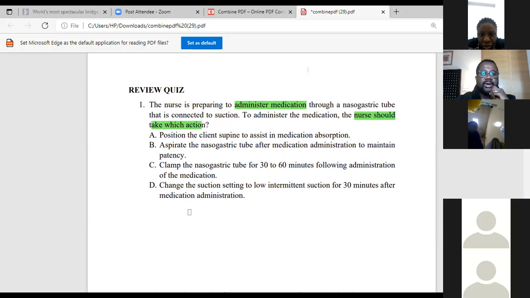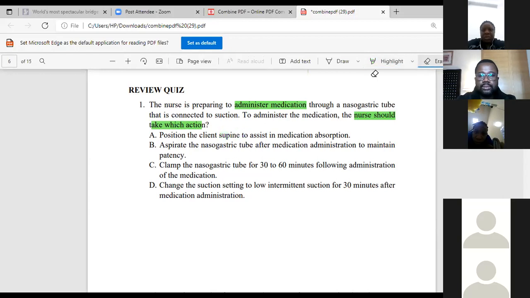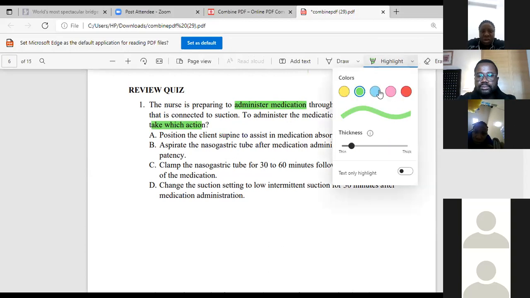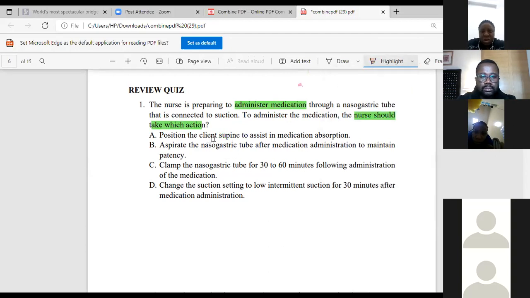Okay. Now, A says, position the client supine to assist in medication absorption. Supine. B, aspirate the nasogastric tube after medication administration to maintain patency.